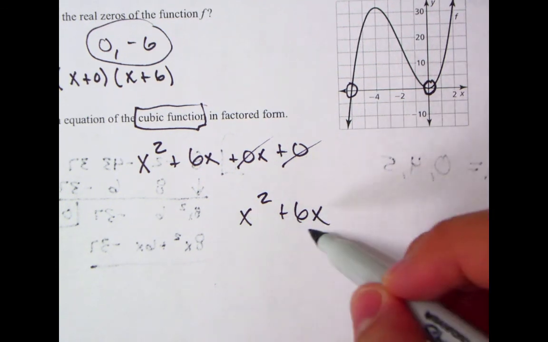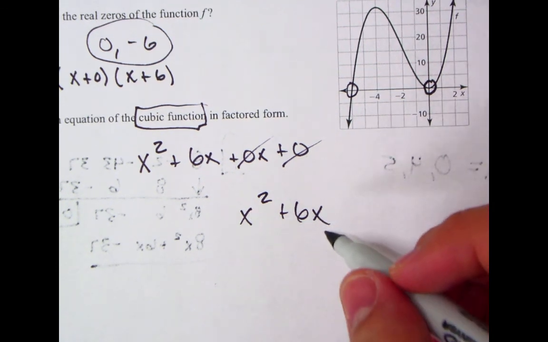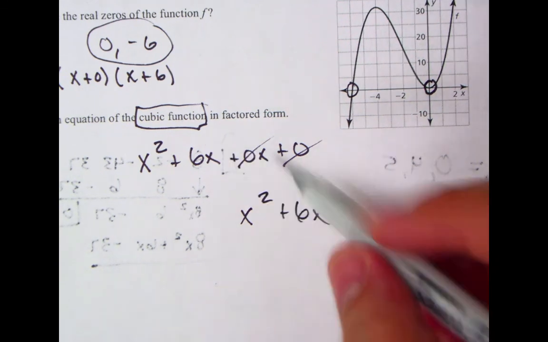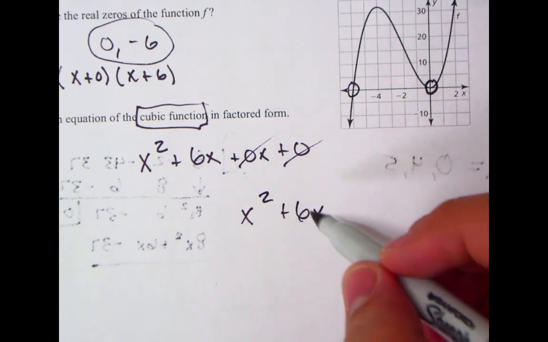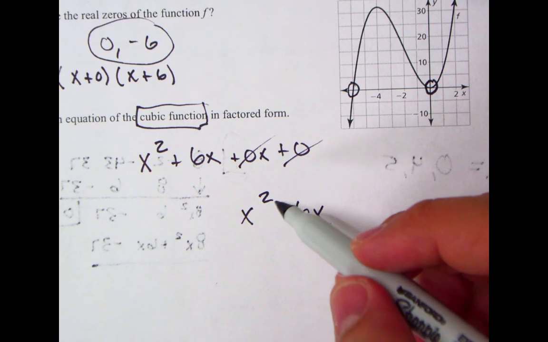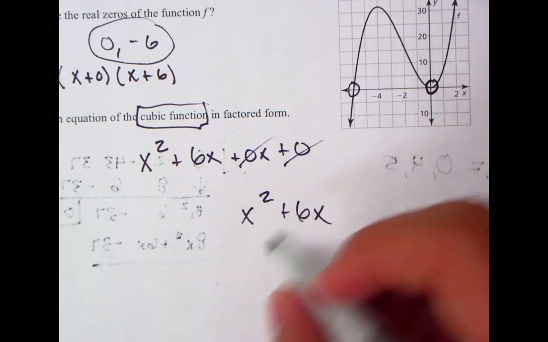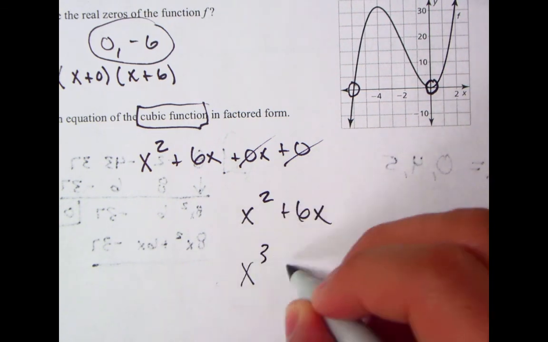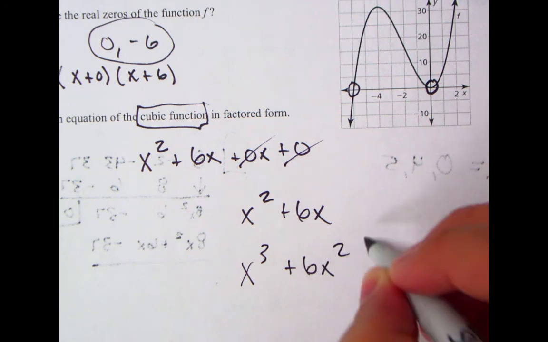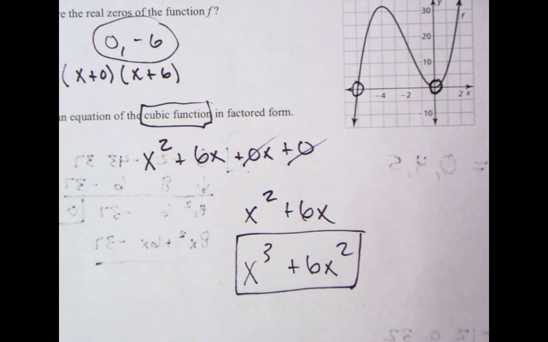So we can adjust this. If we need it to be an x to the third, what can we multiply to make this an x to the third? Well, the answer is x. Yes, we just multiply both terms by x. And that's your answer. That's the function of this graph.